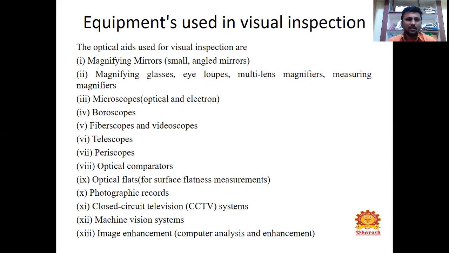Second, magnifying glasses, eye loupes, and multi-lens magnifiers. Measuring magnifiers come under the magnifying glasses type. Then microscopes, maybe optical microscope or electron microscope, are also used in the aided visual inspection method.